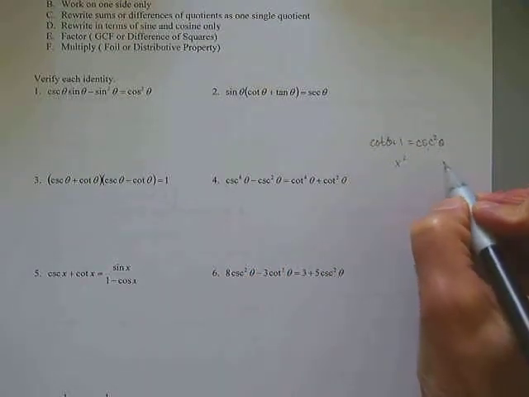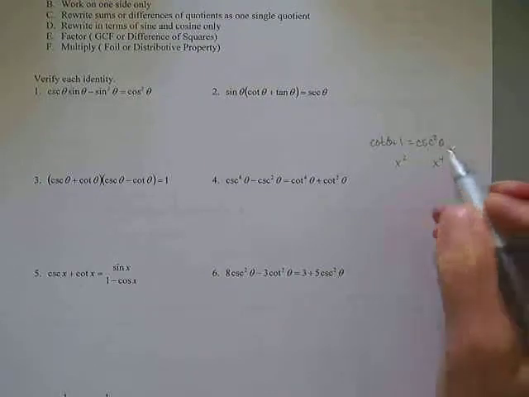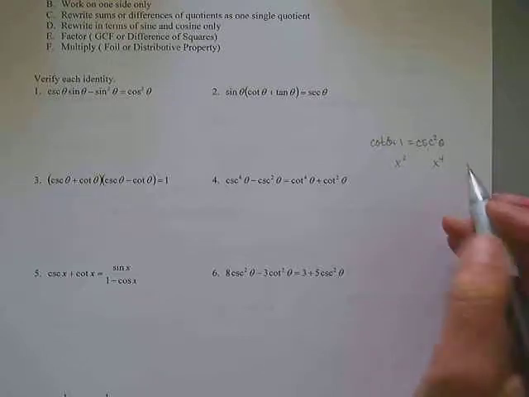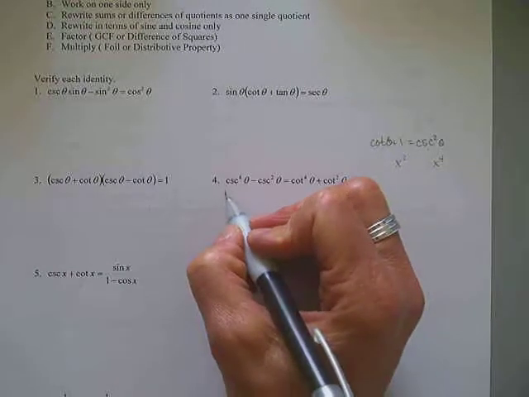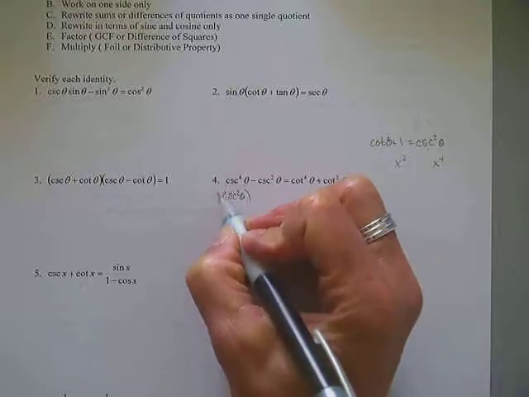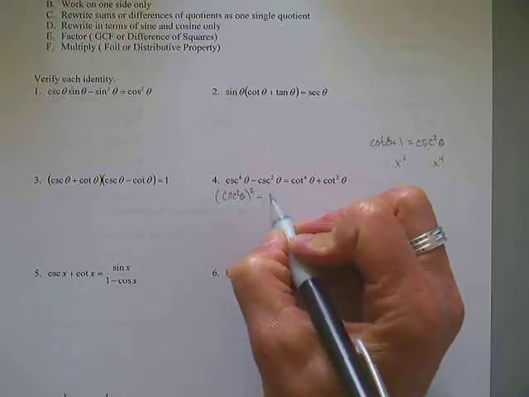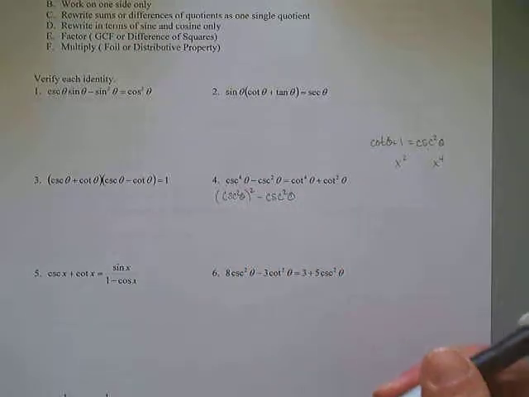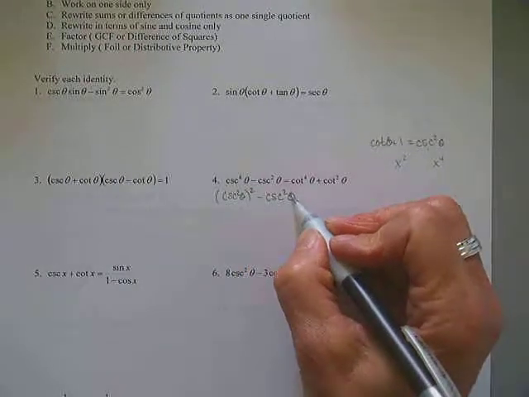For example, how is x squared related to x to the 4th? What will I need to do to x squared to get x to the 4th? Square it again. Square it. So you can rewrite this as cosecant squared of theta squared minus cosecant squared of theta. Okay?